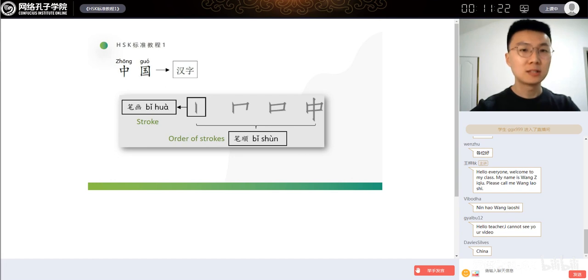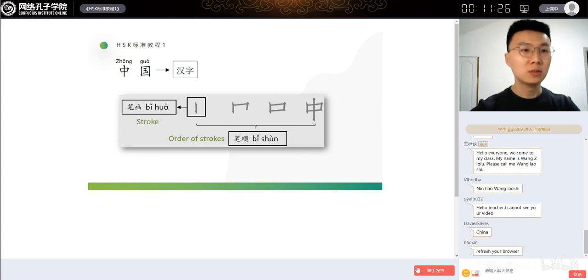It means stroke. We write Chinese characters according to stroke order. The order of strokes, we call it 笔顺. 笔顺 will make it easier for you to remember how to write a Chinese character.